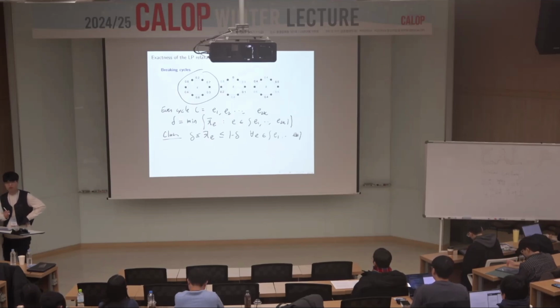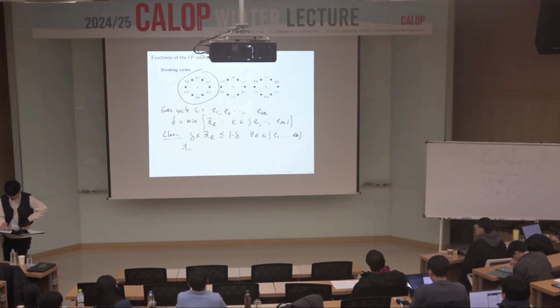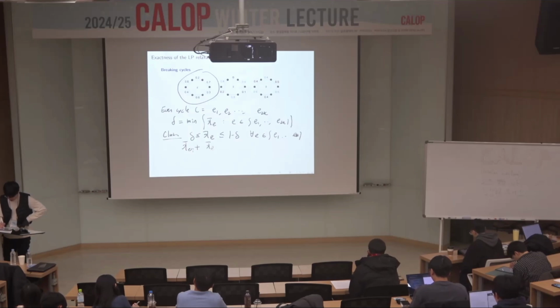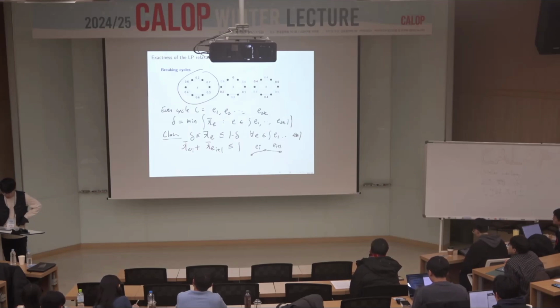And the reason is that x bar e_i plus x bar e_{i+1} has to be at most 1, right? Because e_i is one edge and e_{i+1} is its neighboring edge, and they share this vertex.